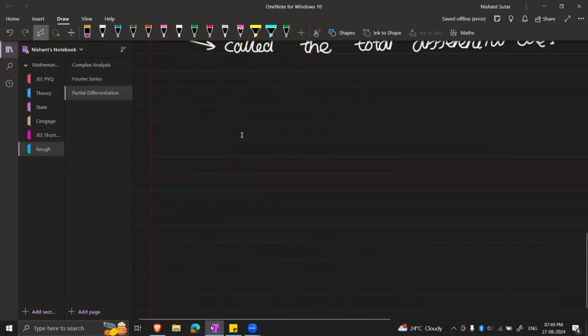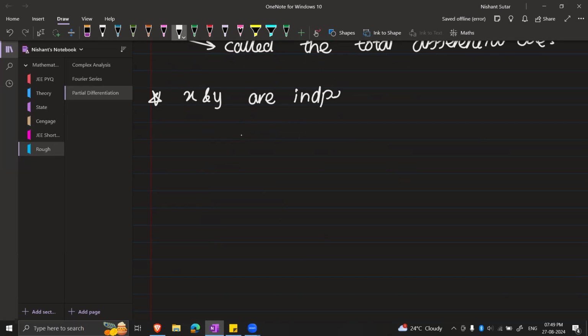Now we want to change the variables. We know that x, y are independent variables.